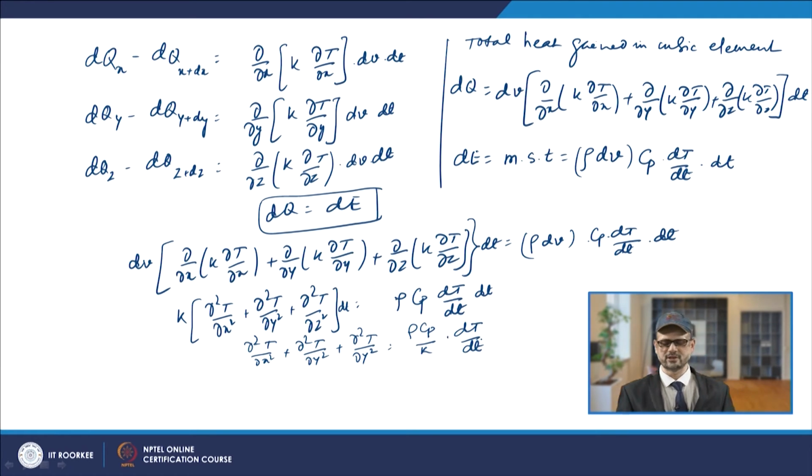Now, this is basically the equation of three dimensional heat conduction in solids. We define the term k by rho Cp as alpha.